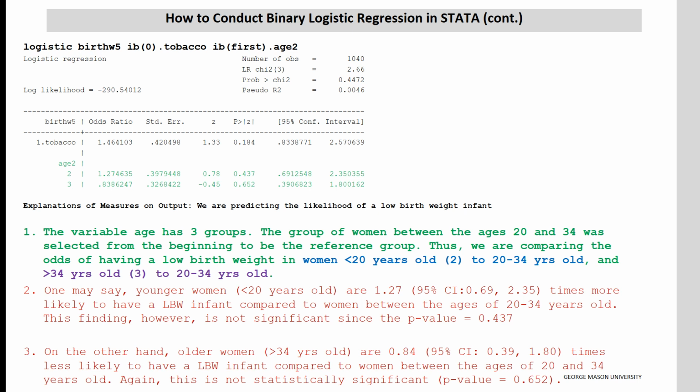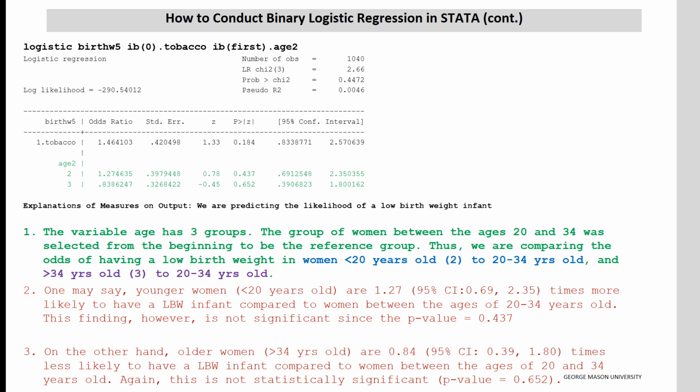Again, this is not a statistically significant finding because the p-value is 0.652. The same can be concluded by simply observing the 95% confidence interval that ranges from 0.39 to 1.8.